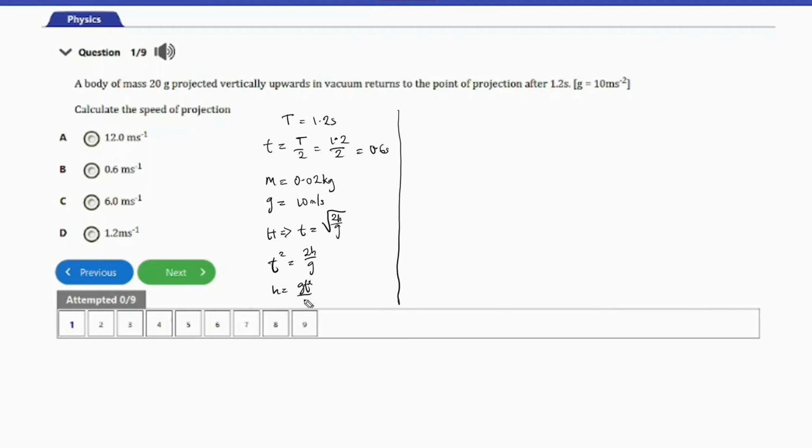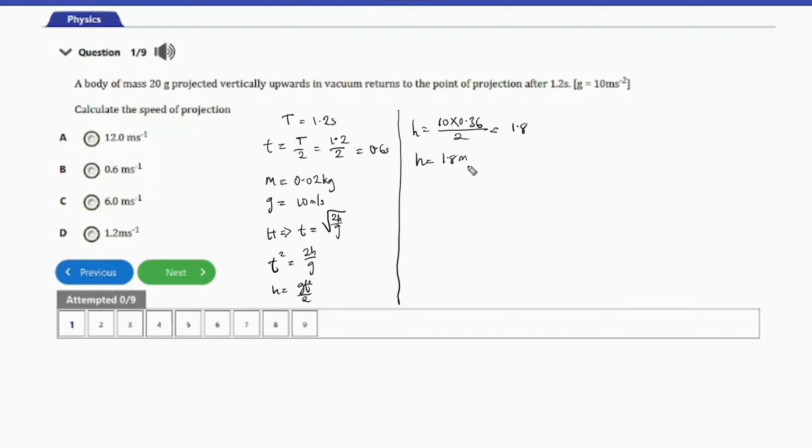Our g here is 10, then our t squared is 0.6 squared, which is 0.36. 0.36 times 10 is 3.6, and 3.6 over 2 is 1.8. So h is actually 1.8 meters here.